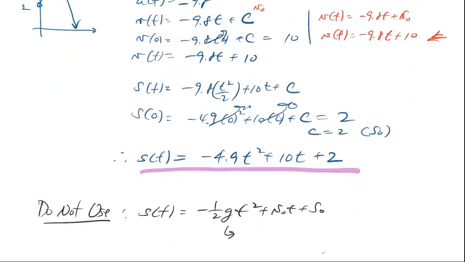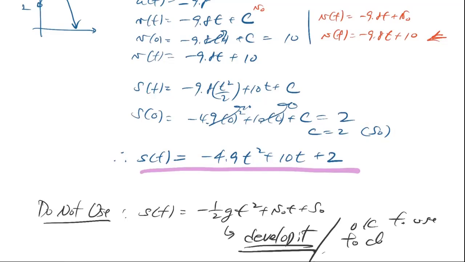The whole idea of this question is for you to develop this equation. So I need you to develop it. It's okay to use it to check your work. It's kind of like you guys using L'Hopital's rule when you weren't supposed to. So be careful about this, guys.